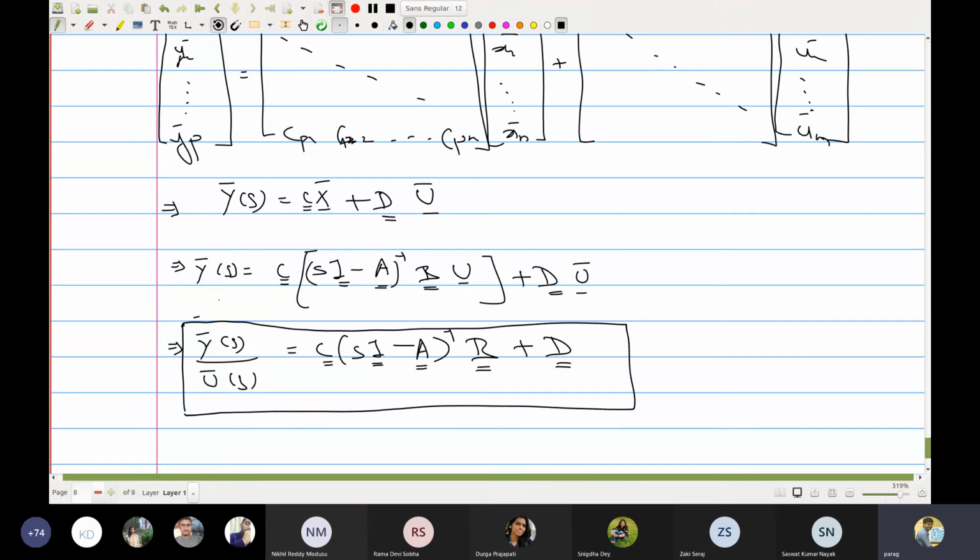It is the Laplace transform of the output variable divided by the Laplace transform of the input variable, right?